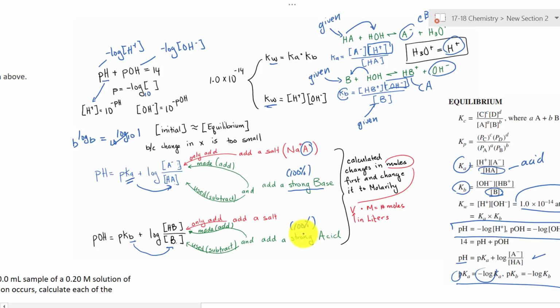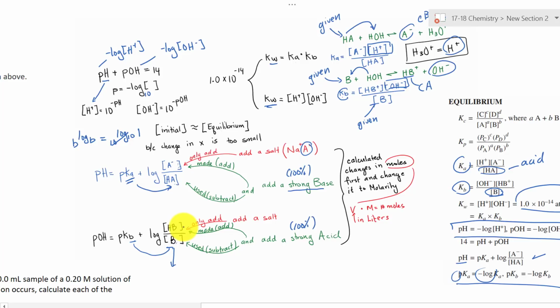That means it breaks into ions, all of it, and then they're going to react with the base. Of course, now the amount of the base is going to go down, and that's why we subtract it. And in the process, it's going to make the product. So we subtract from the base, but we add to the conjugate acid right there, okay?